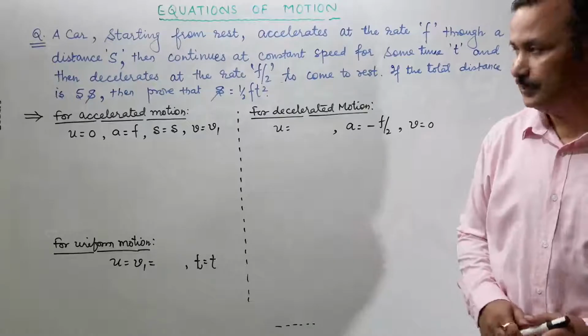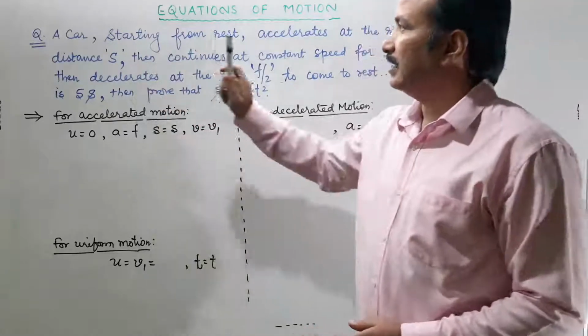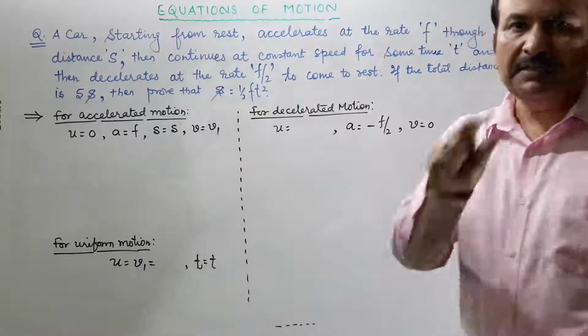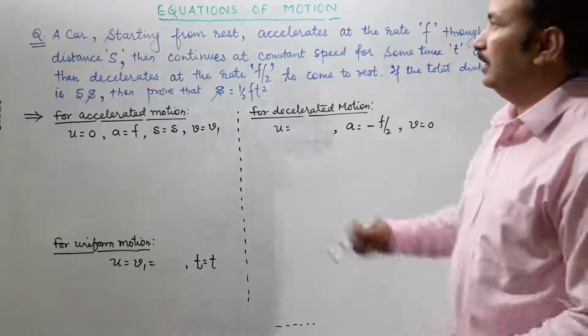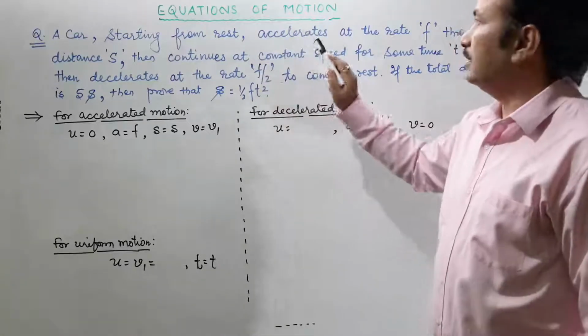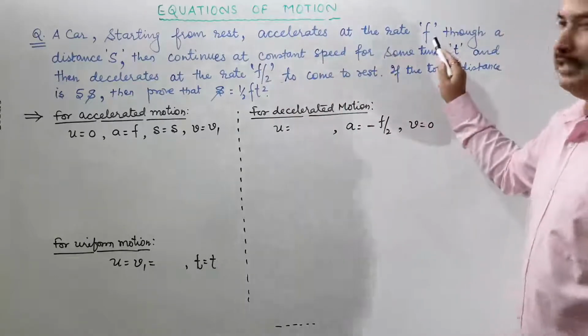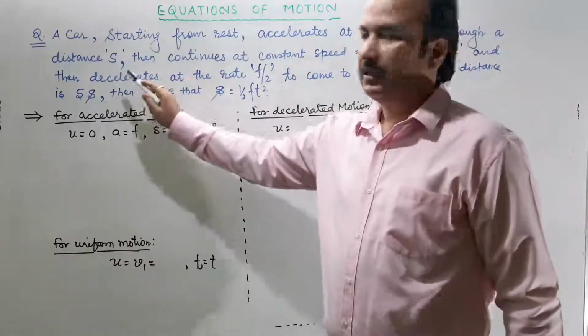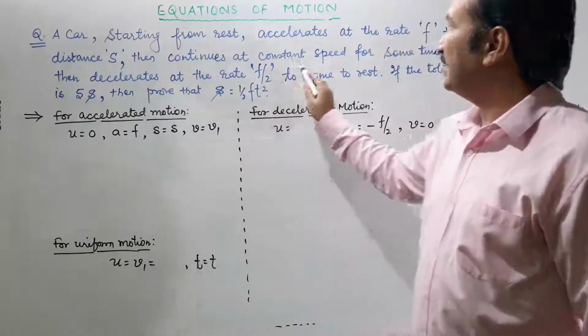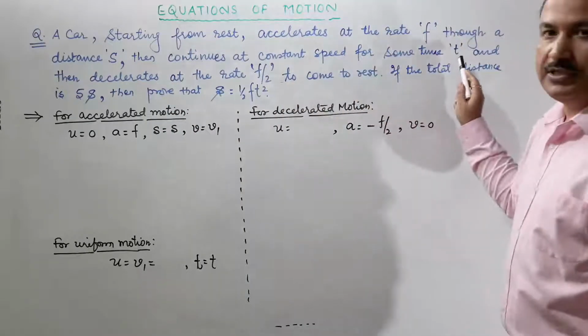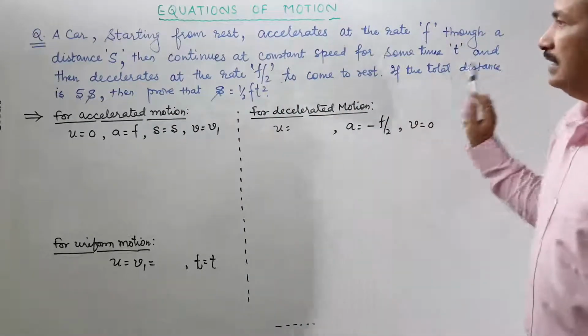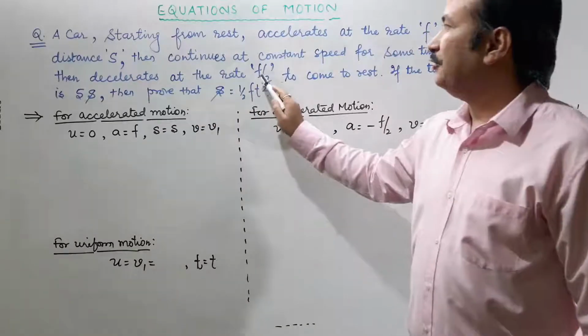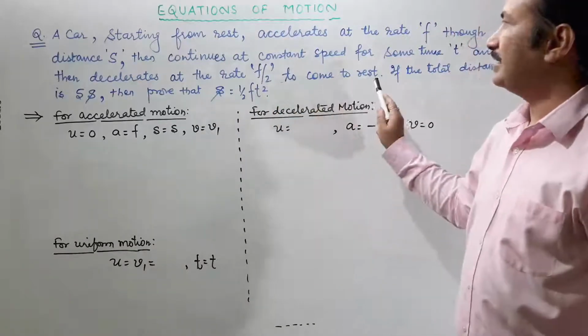Very good example. It says a car starting from rest. Every line has got meaning, please see to it. Starting from rest, it accelerates at the rate of f through a distance s, then continues at constant speed for some time t, and then decelerates at the rate of f by 2 to come to rest.